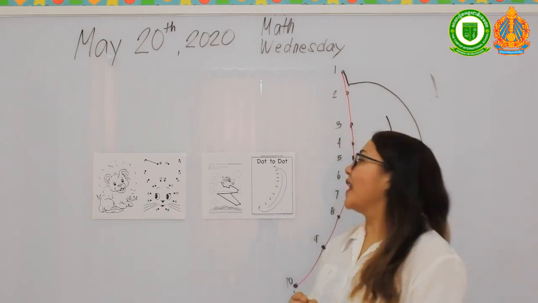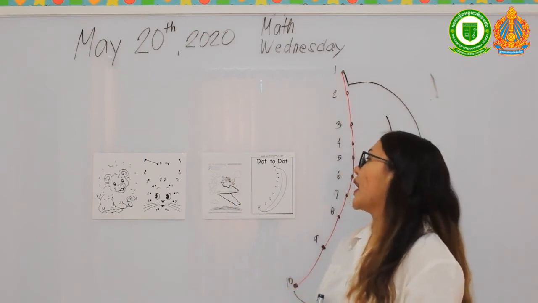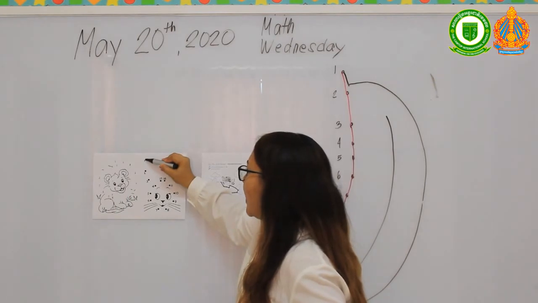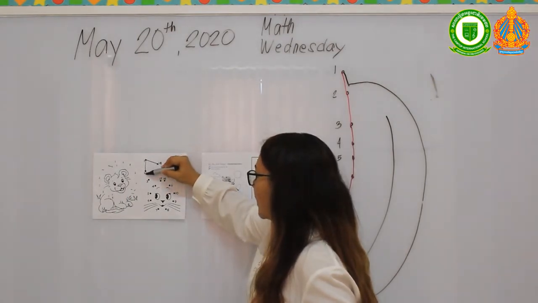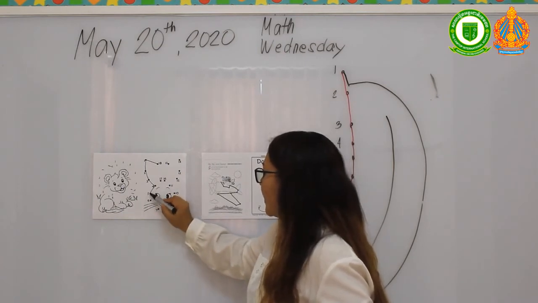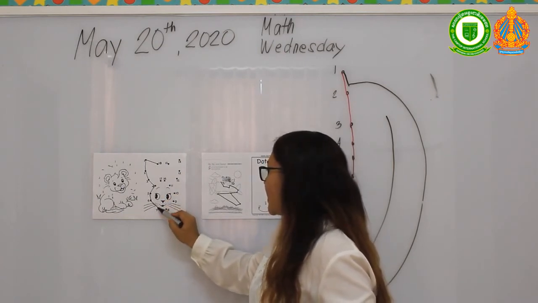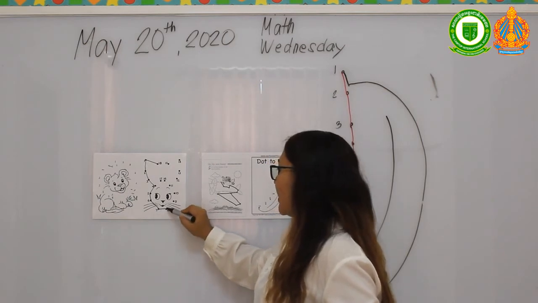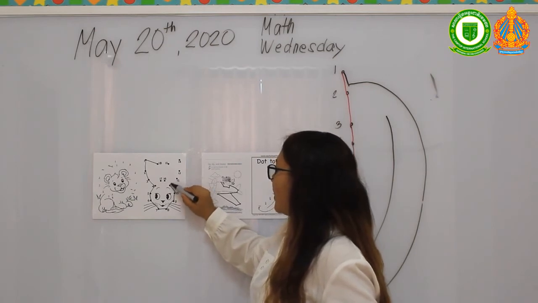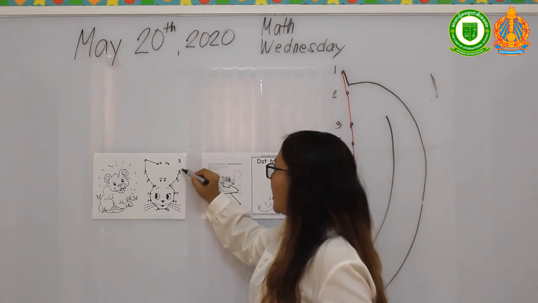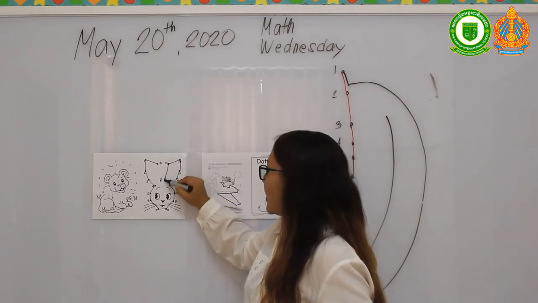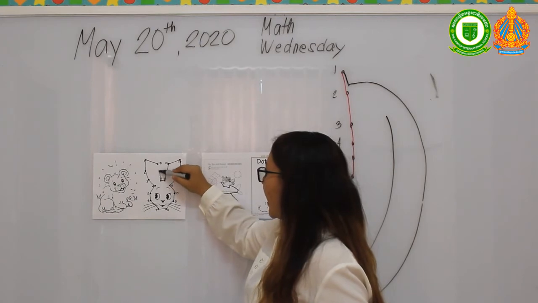Okay, let's do it from 1 going to 18. So this is number 1. Okay, 1, 2, 3, 4, 5, 6, 7, 8, 9, 10, 11, 12, 13, 14, 15, 16, 17, and 18.